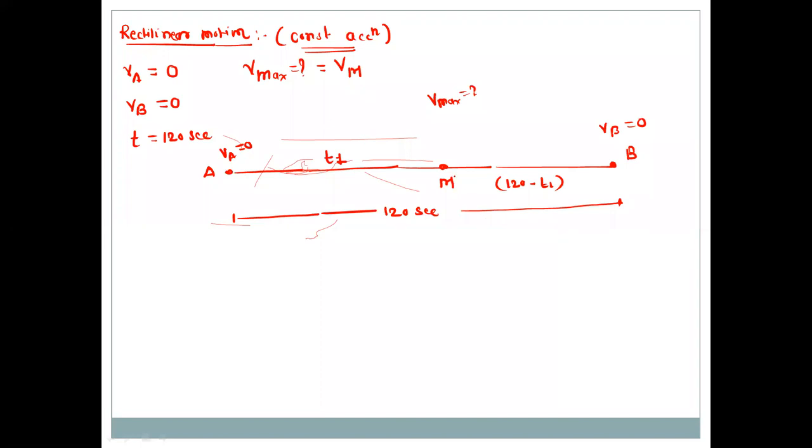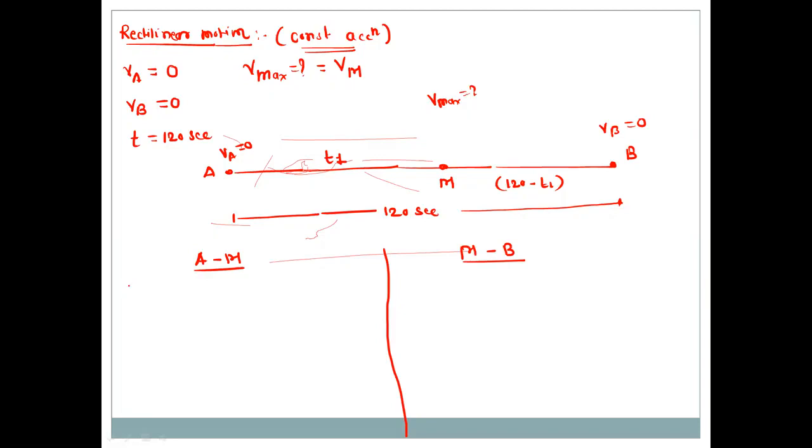Now we will divide this complete motion A to B into two motions: first is motion A to M, and second is M to B. Then we will use the equations of motion separately.